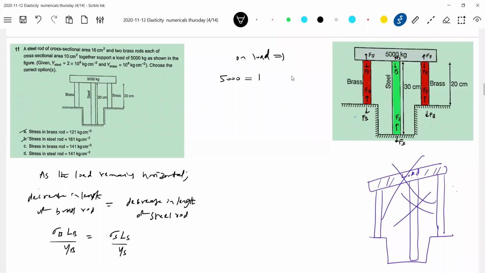This should be 2 FB plus Fs. Sir, the load is 5000 kg, no?